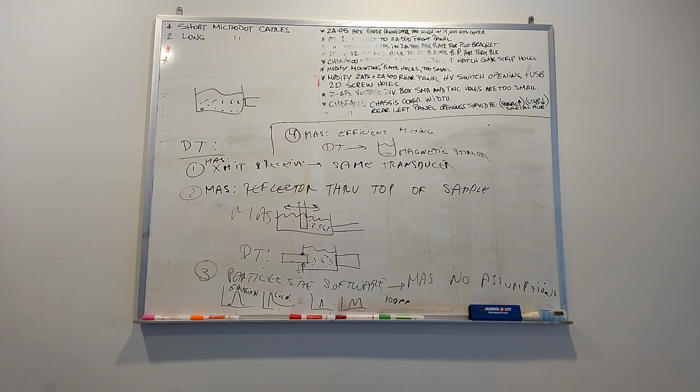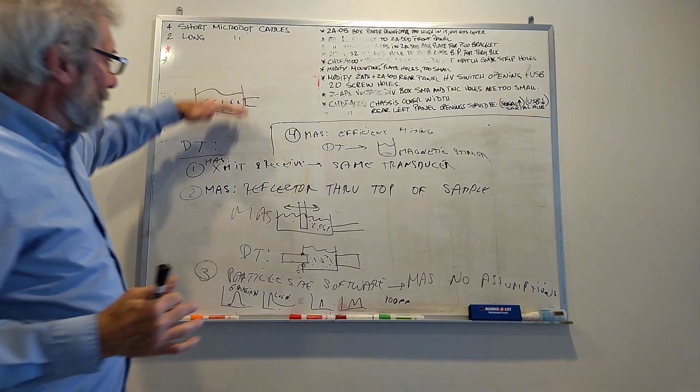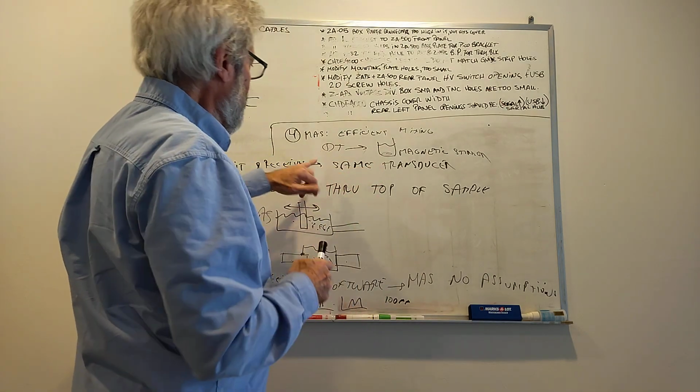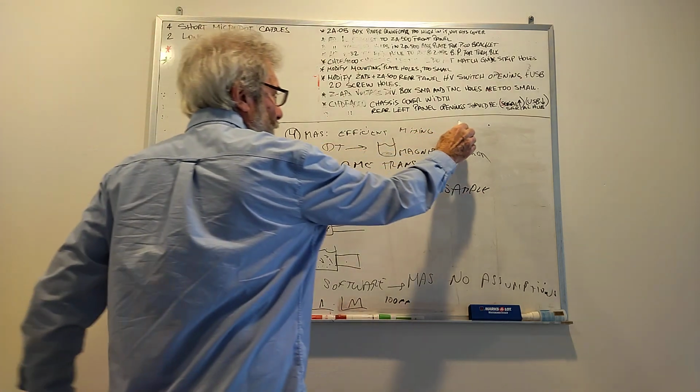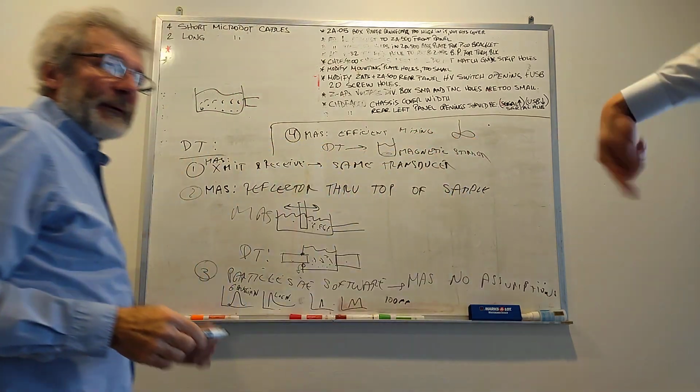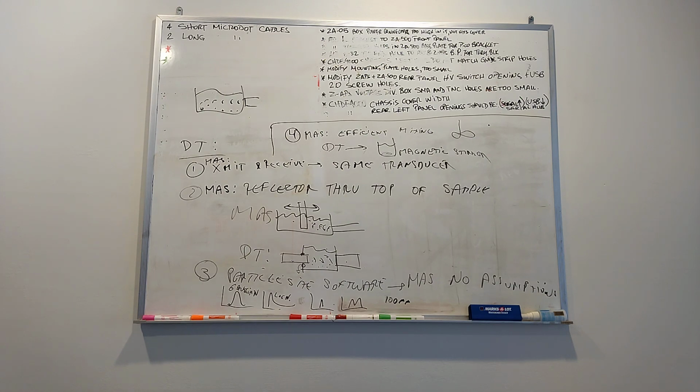So you don't want particles settling. And so that's a big advantage because mass has a mechanical mixer. So that's another important advantage mass applied science has. So there's four important advantages over them.